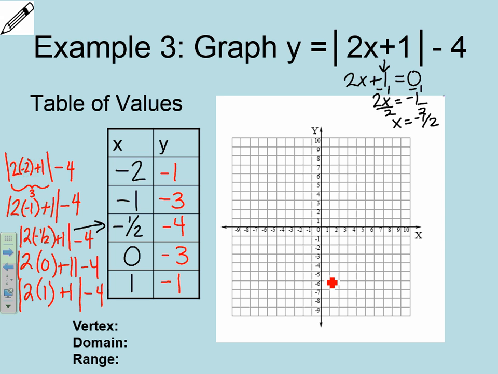So now if we go to graph this absolute value graph, and we take a peek at what's going on right here: -2, -1; -1, -3; -1/2, -4. Okay, careful on that one. 0, -3; 1, -1.